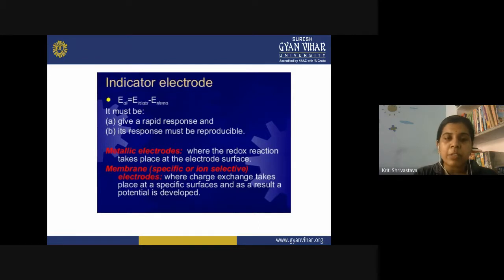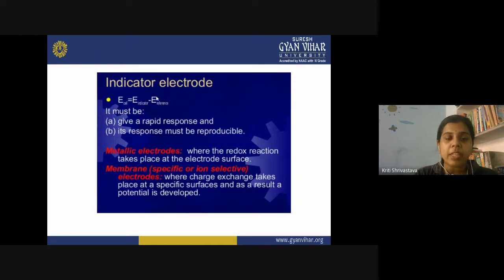So one must be very careful while selecting a proper indicator electrode for a particular experiment. It actually depends upon the type of analyte you're using, whether it has a tendency to get oxidized or a tendency to get reduced. But some general characteristics are also there for the indicator electrode.